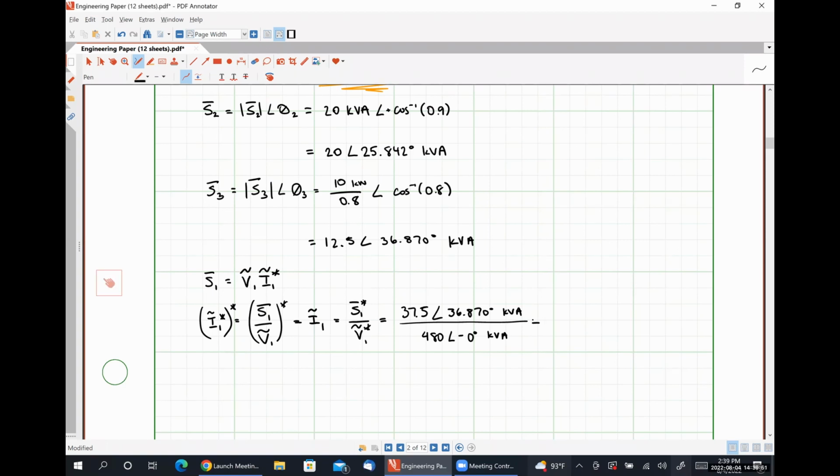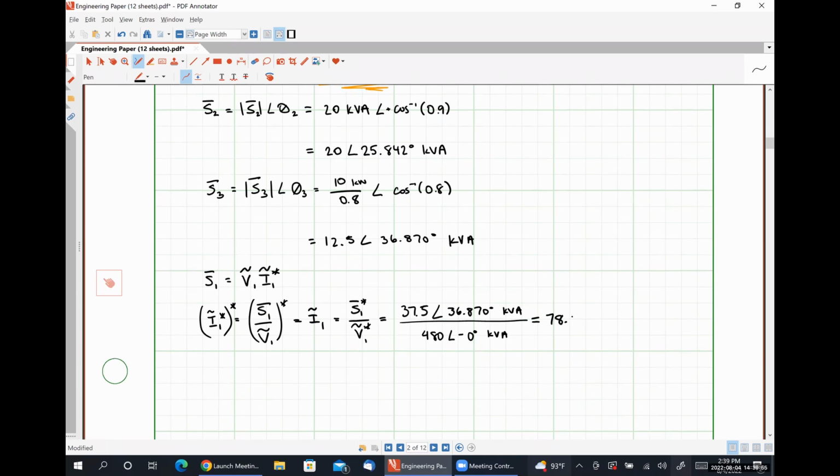I get 78.125 with an angle of 36.870 amps RMS. And I'm sorry, I put the wrong units here. This should be volts RMS.